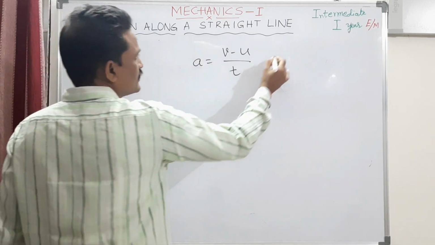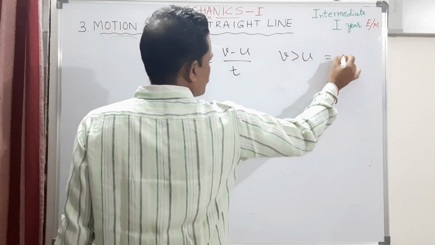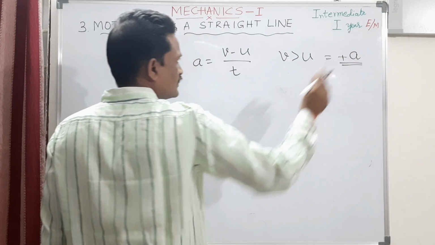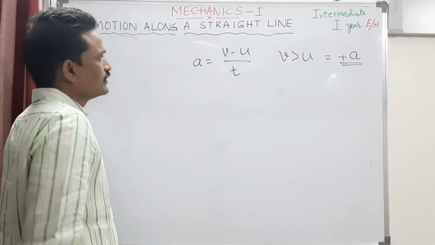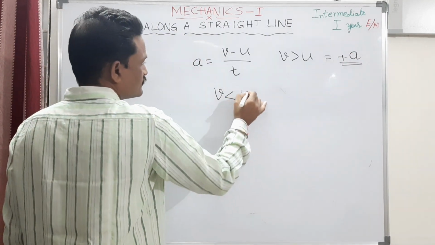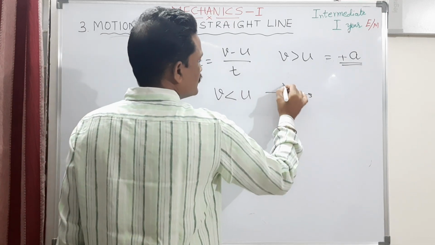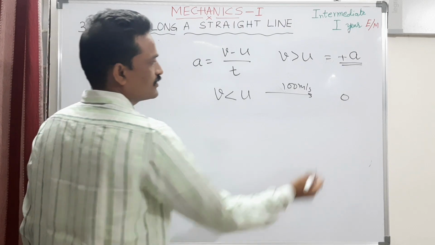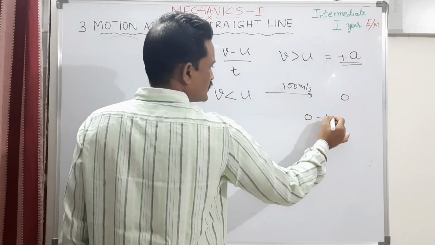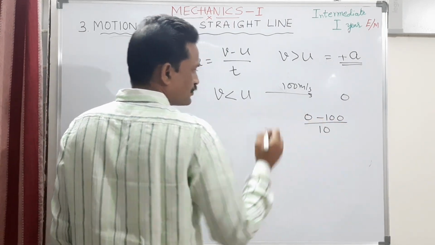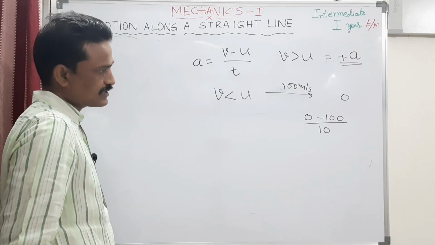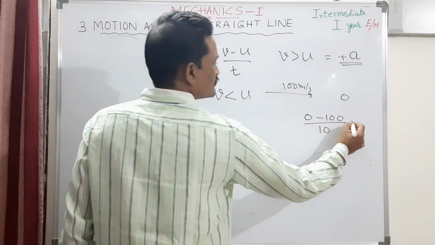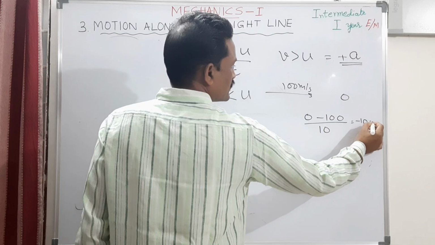Now the basic definition is a is equal to v minus u by t. v is the final velocity. If v is greater than u, you have positive acceleration, that we call generally acceleration. Suppose v is less than u: you are going with a speed of 100 meter per second, suddenly you stop to 0. Your final velocity is 0, initial velocity is 100. In how many seconds you applied brakes and stopped the vehicle? In 10 seconds. For example, it becomes minus 10 meter per second square.